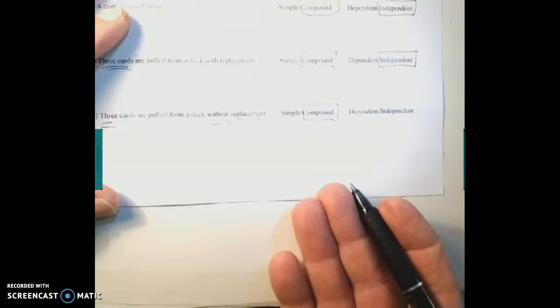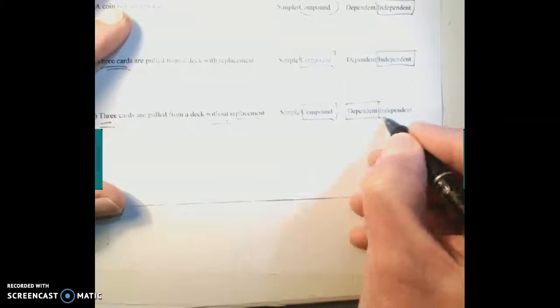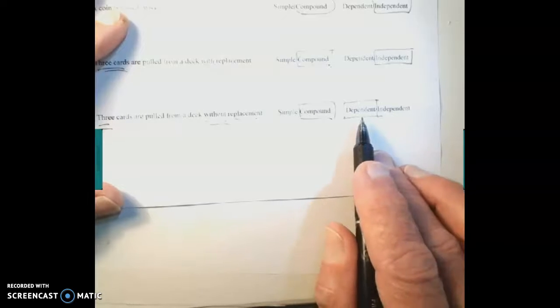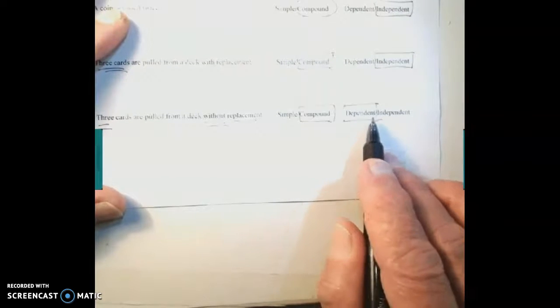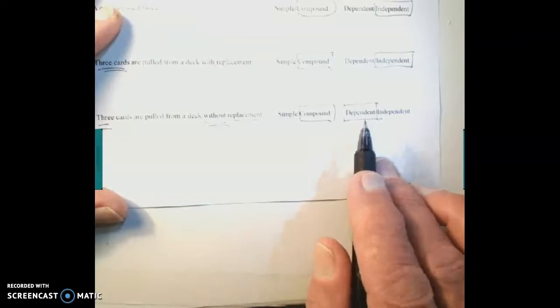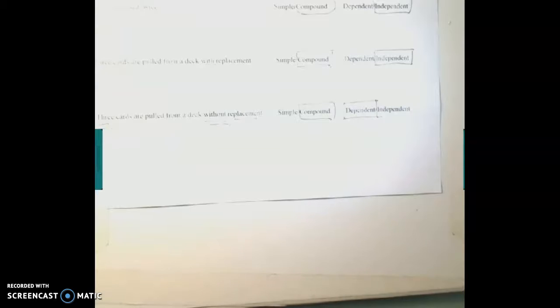Instead of having 52 possible cards to choose from, there are now only 51. This is a dependent situation. The probability of the first affects the probability of the second event, and the second would affect the probability of the third card because the number of cards in the deck keeps changing. Okay, so that's independent and dependent.